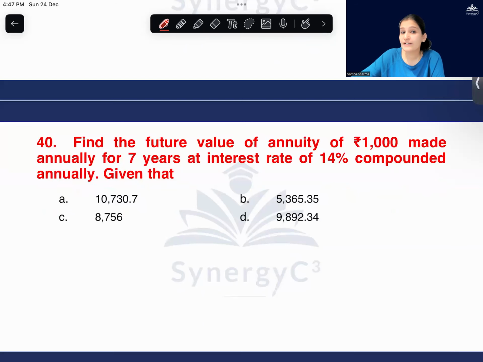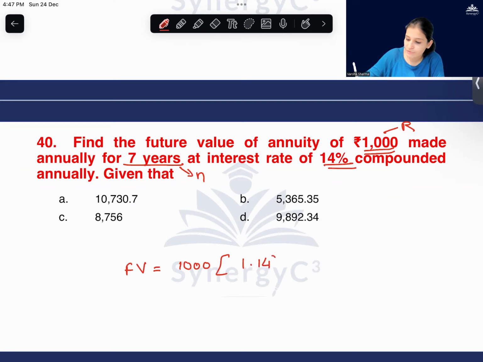Annuity is here. Find the future value of an annuity of rupees 1,000. That means 1,000 is R, made annually for 7 years at an interest of this. So we have to find future value. Use the first formula, R (1 plus i), that will be 1.14 to the power n minus 1 divided by i, 0.14.